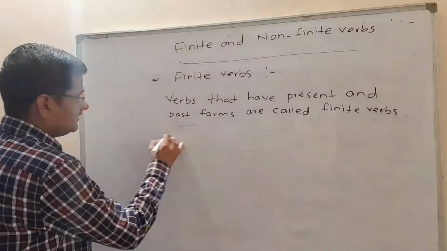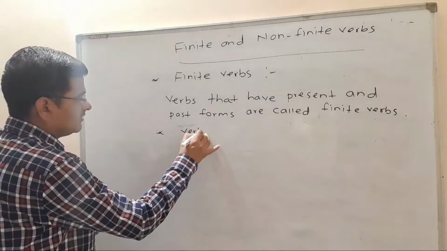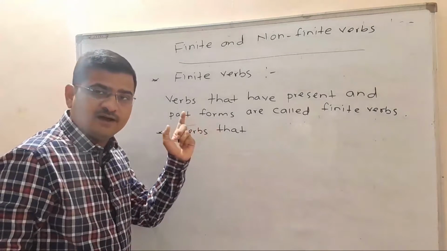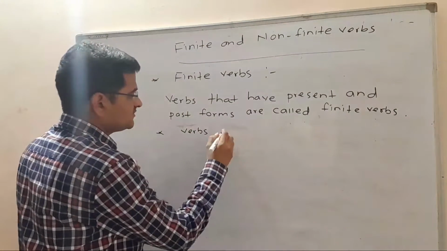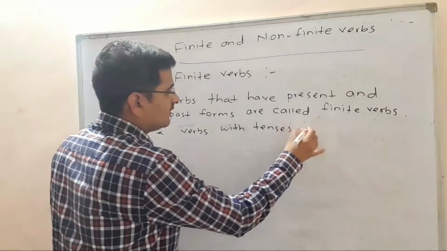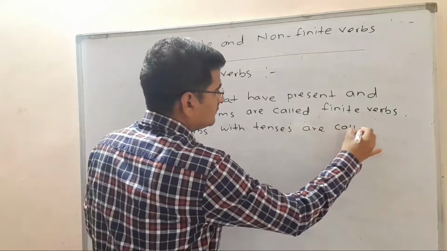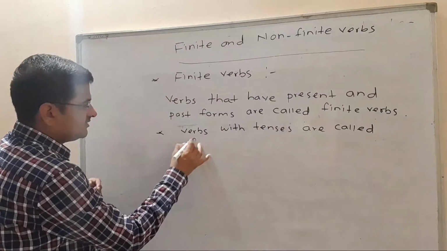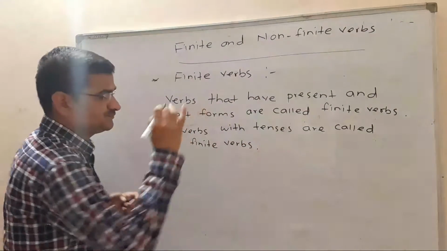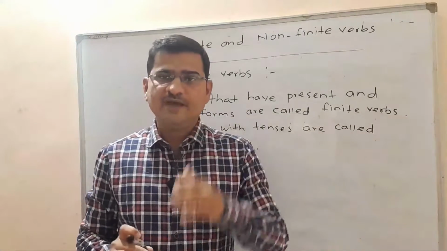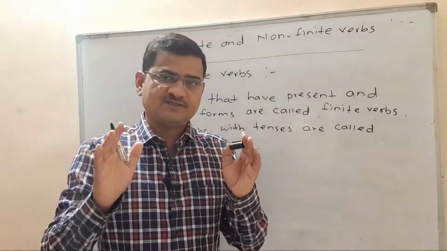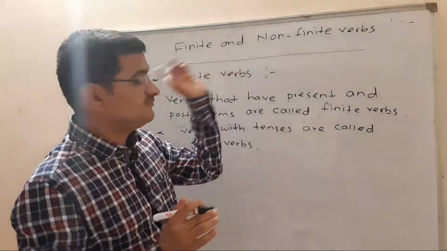Verbs that have tenses, or verbs with tenses, are called finite verbs. Here we have to understand that three things affect finite verbs.